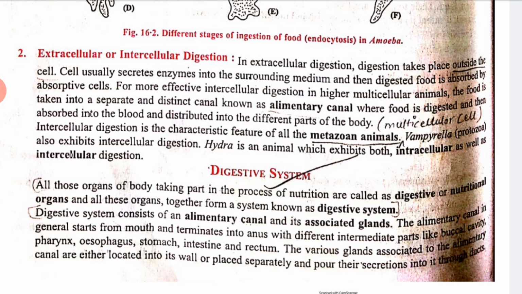The cells secrete enzymes in the surrounding medium and the digested food is absorbed by the absorptive cells. So intracellular means digestion takes place inside the cell, and extracellular means digestion takes place outside.